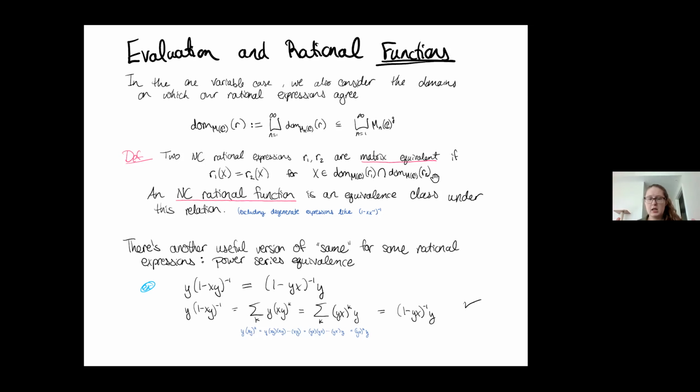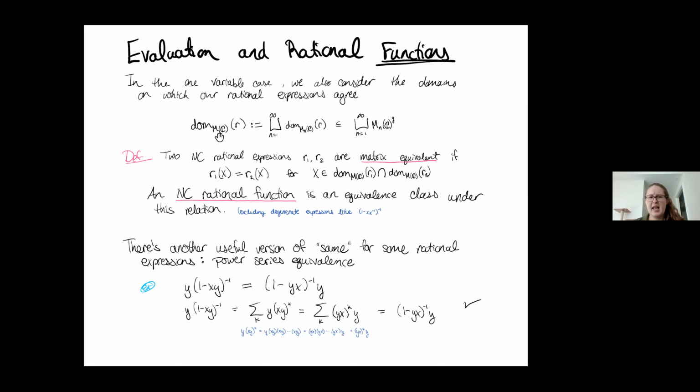So what I want to say is, what's the domain of my rational expression and the domain of my other rational expression? What's the intersection of those? And in that intersection, do they evaluate to the same thing?